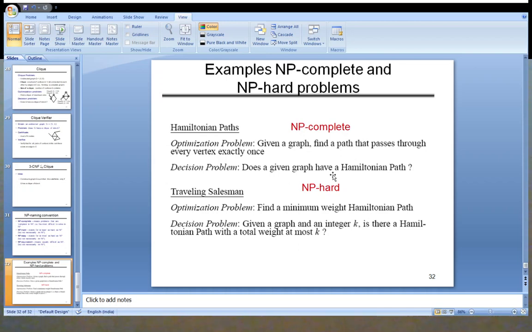While the traveling salesman problem, in which we have to travel through each vertex while traveling the minimum distance, is an NP-hard problem. So that's all about NP-complete problems, and thank you.